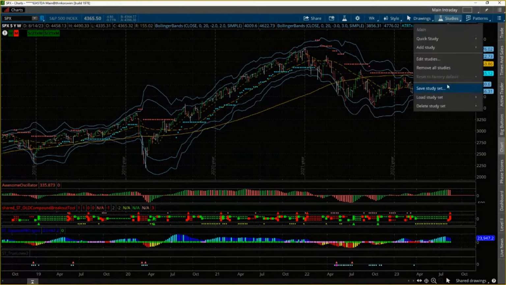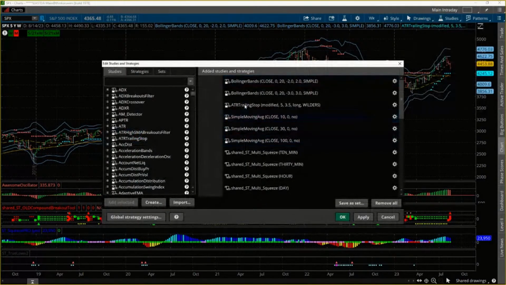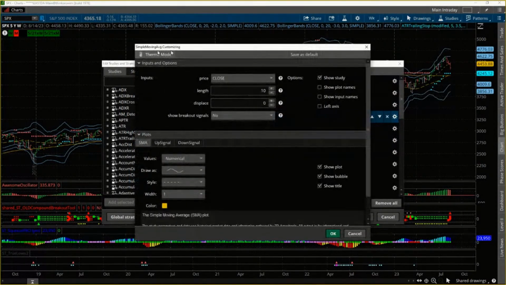Let's pull back up our studies again. So the next study that I like to use, you can see are 3 different simple moving averages. I base them off the close price, and I track the 10-period simple moving average, which is that yellow line, and it is the short dashed line for the 10-period simple.